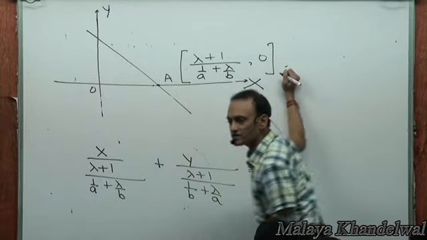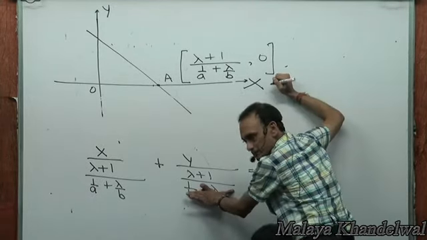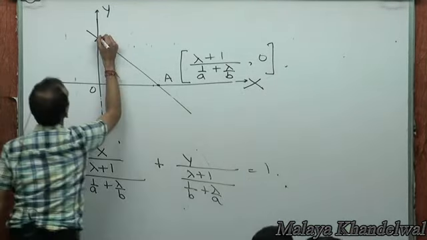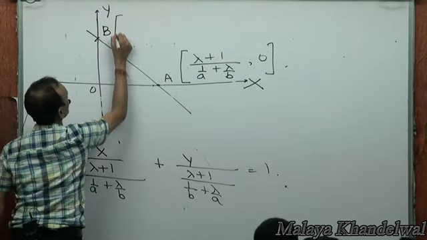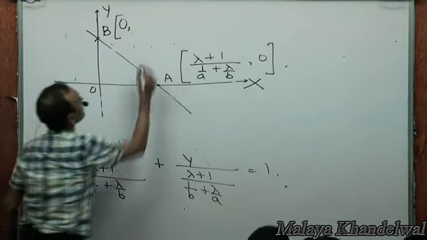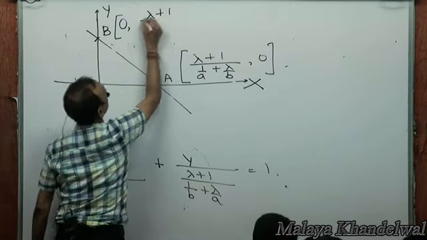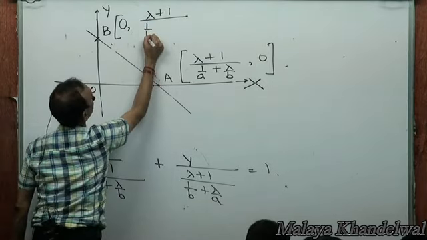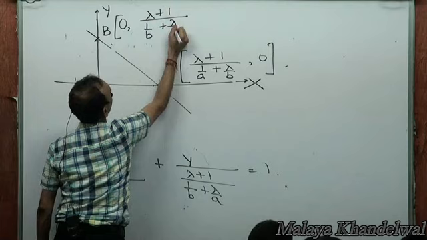That's the x-intercept of this line. This is the y-intercept of the line. So the point B has coordinates (0, (λ+1)/(1/b + λ/a)).